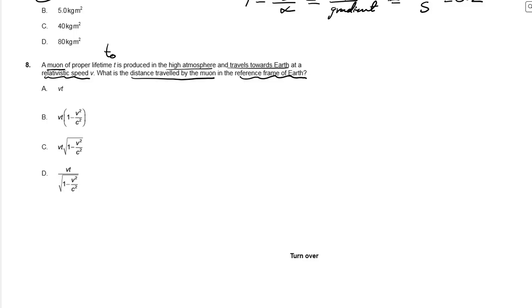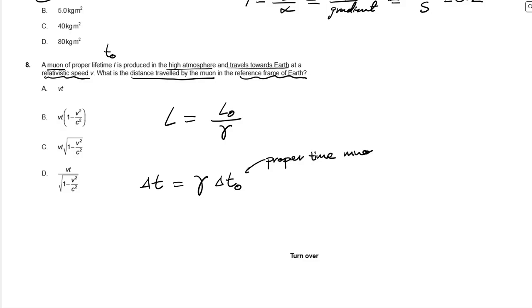Okay, so this can be done in two ways, right? We can use length contraction, which is this formula. Or time dilation, where this is proper time in the muon's, and we have the muon's proper time, right?